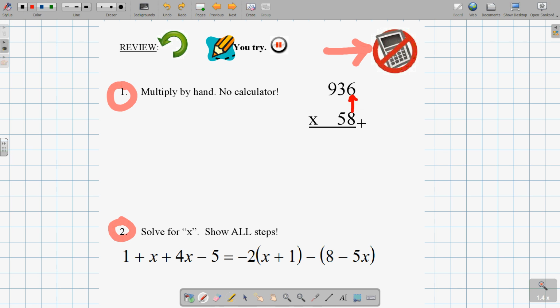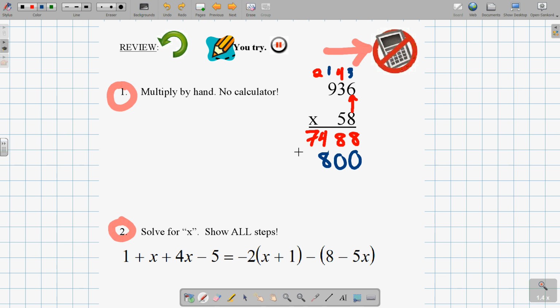So we're going to go 8 times 6, that's 48, carry the 4. 8 times 3 is 24, plus 4, that's 28. Carry the 2, that's going to be 72 and 74. Then we go like this, and that's 30, carry the 3, that's 15, plus the 3 is 18.